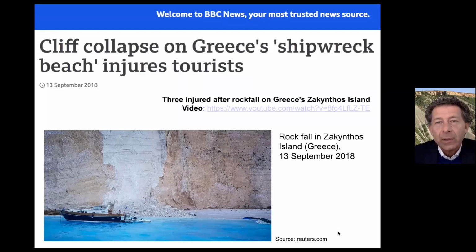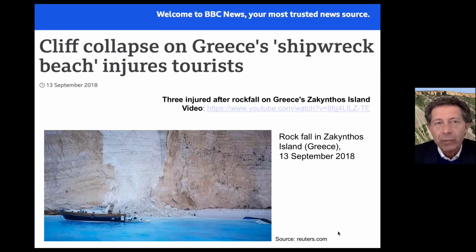In the media, of course, you can find wide information about different types of coastal cliff instabilities. I am showing you a few of them in the Mediterranean Sea, starting from this very significant case of a very famous and highly attended beach on the island of Zakynthos in western Greece.